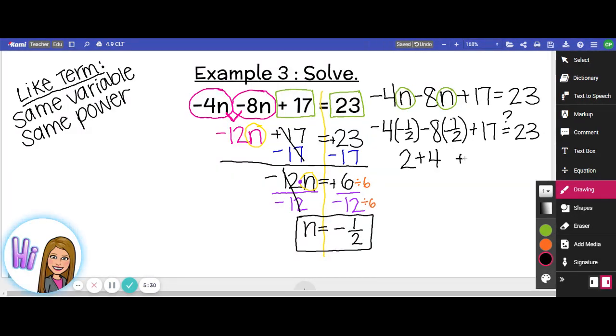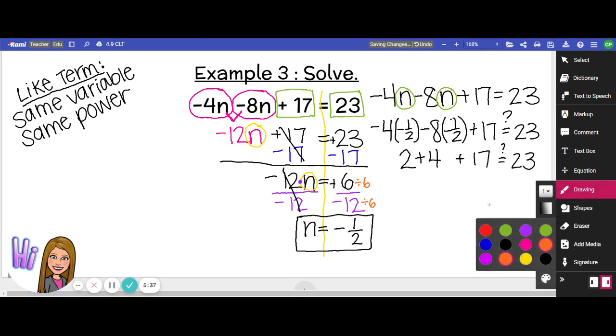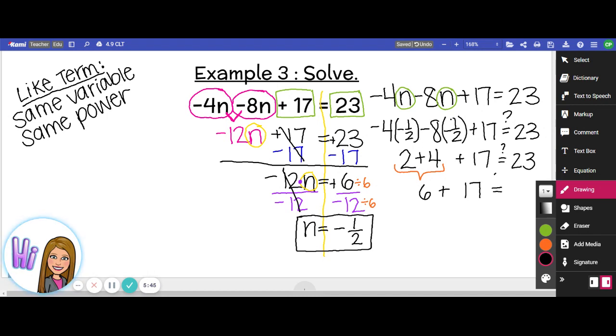Have to bring down our plus 17 and our 23. So simplifying, let's do 2 plus 4 first. We get 6. Bring down 17. Is that equal to 23?